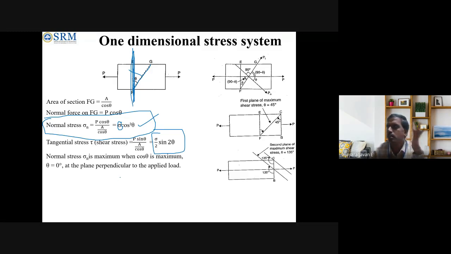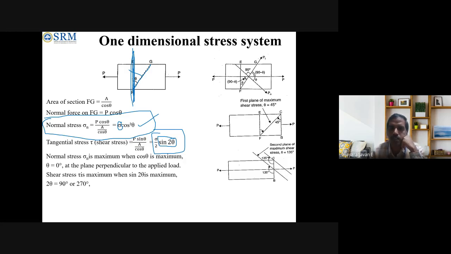That is what I informed you initially also. Then coming to the shear stress, this is the formula for shear stress, and it can take a maximum value whenever sin 2 theta is maximum. We know that the maximum value of sine is 1, and that occurs when the angle is 90 degrees. So we get 2 theta equal to 90 degrees, or theta equal to 45 degrees.